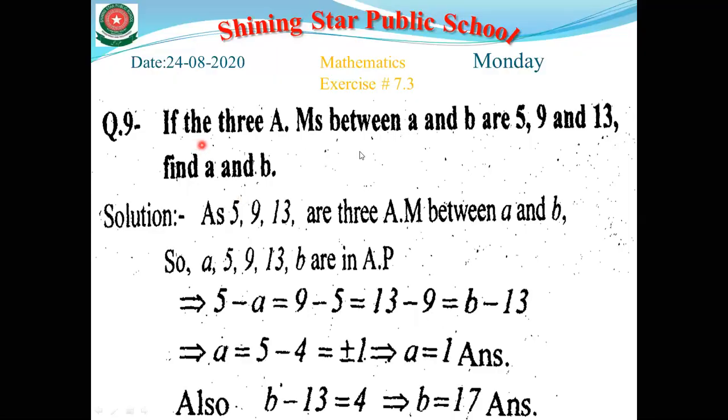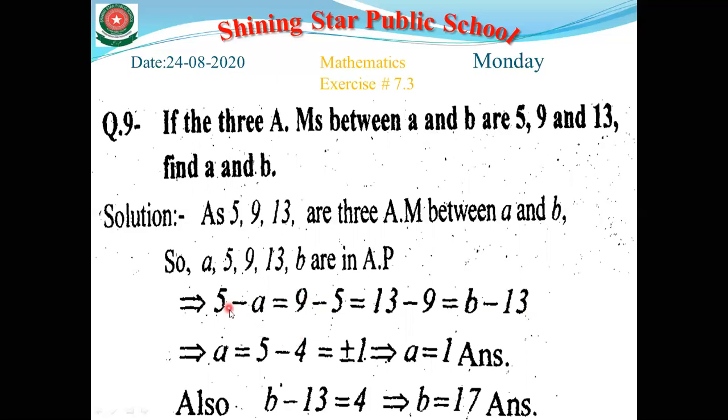Next, if 3 AMs between A and B are 5, 9, 13, find A and B. Again, 5 minus A is equal to 9 minus 5, is equal to 13 minus 9, is equal to B minus 13. So here 5 minus A is equal to 9 minus 5, which is 4.